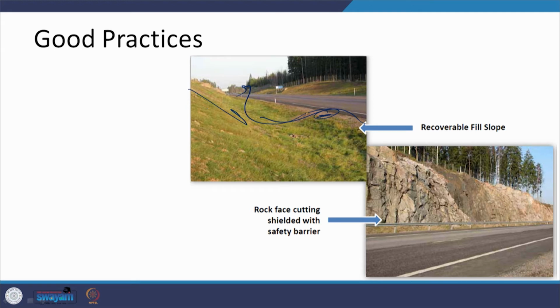Here the rock cut is there, but there are possibilities that some rock may fall. So, a gap has been used, and along with that gap a crash barrier is being utilized, and proper markings are there on the road. That is how it has been made safer, and the vehicles can move at the desired speed on this particular road.